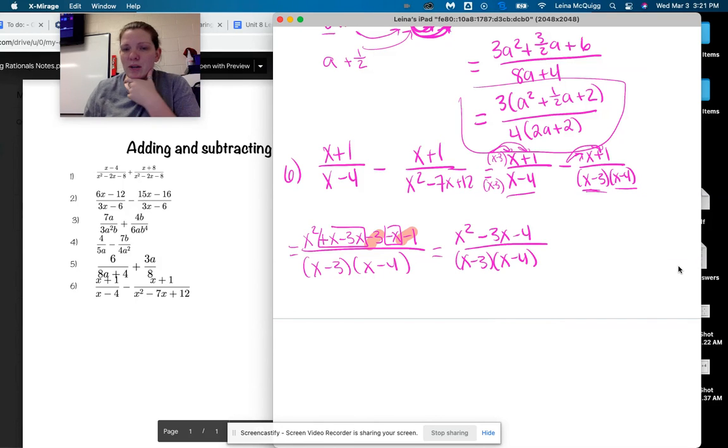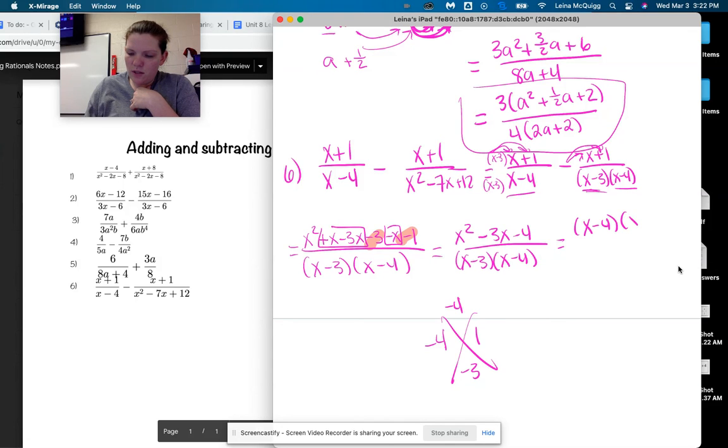I'm going to go ahead and factor my numerator here. So that means I'm looking at what multiplies to give me negative 4, adds up to give me negative 3. I'm going to go with negative 4 and positive 1. So that means I can factor my numerator to be x minus 4 times x plus 1, all over x minus 3 times x minus 4.